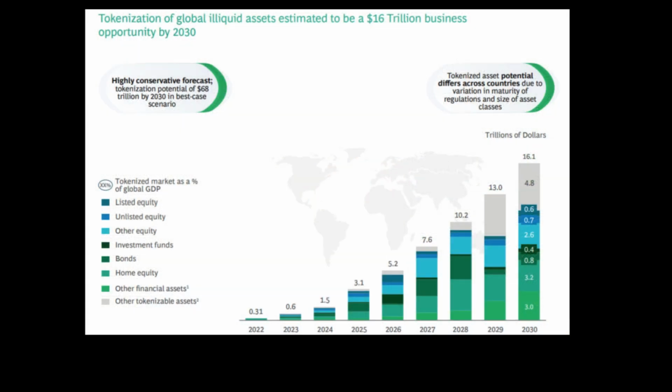Asset tokenization is an extensive narrative because of blockchain technology's advantages and the size of the entire asset market. According to the World Economic Forum, illiquid asset tokenization will be a $16 trillion industry by 2030.